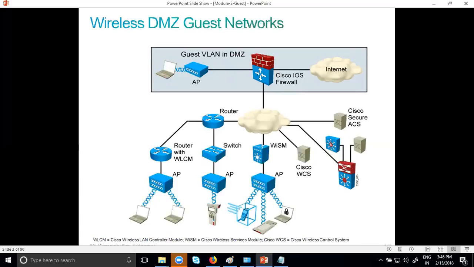In a wireless DMZ guest network, you can see that we have a guest VLAN in the DMZ, and we have another VLAN which is connected to the wired network also. If any client is connected to an access point which is broadcasting the SSID, that particular SSID is not directly sending the traffic to the internet, because the landing controller which is managing the SSID is not responsible for the guest network.